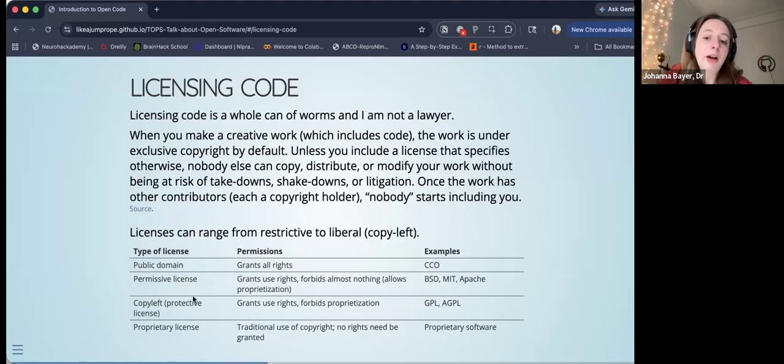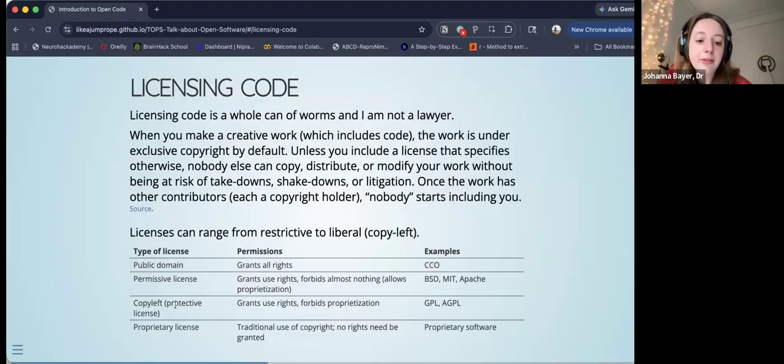And there are different types of licenses. They run from very left, so very permissive, to very right, so very restrictive. You have, for example, public domain licenses that grant all the rights, for example CC0. There are then more permissive licenses that grant use rights but forbid almost nothing, so it even allows closing the software.